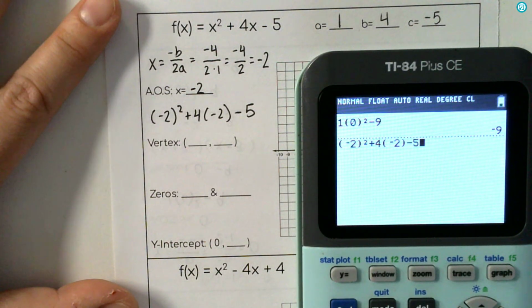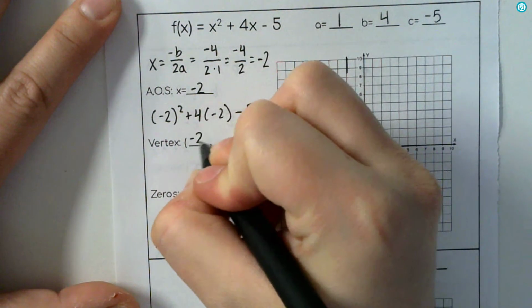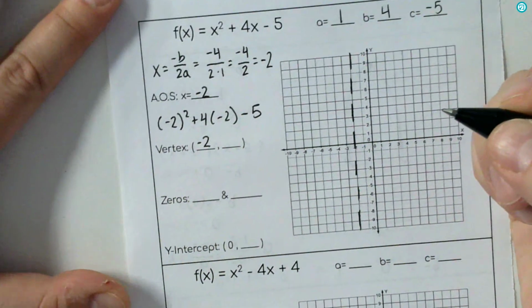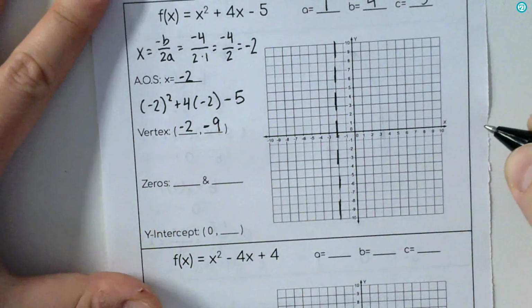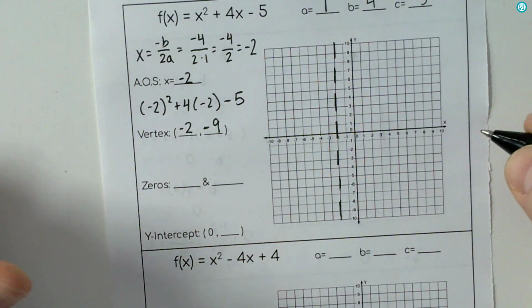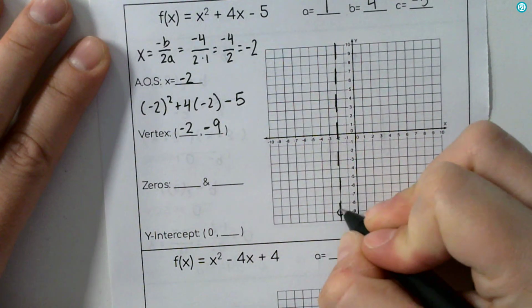I get negative 9 once again. In order for graphs to work, there's only so many numbers that you can have your vertex be. So negative 2, negative 9. So my x value is negative 2, and then I plugged that in and got negative 9. We are going to go ahead and graph that. So go left 2, down 9, put a point there.